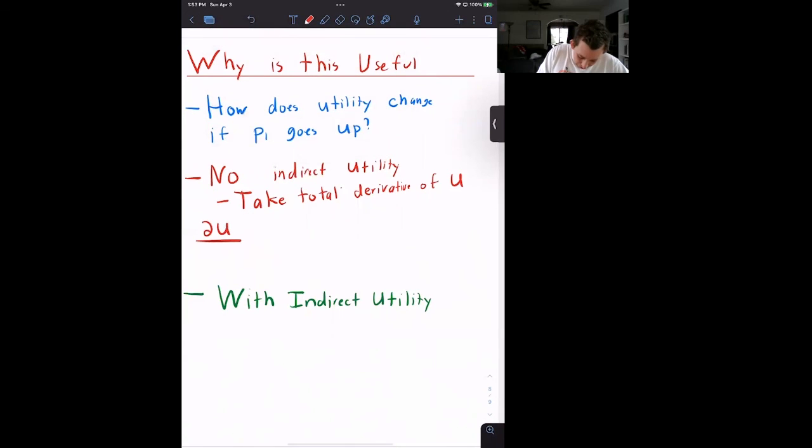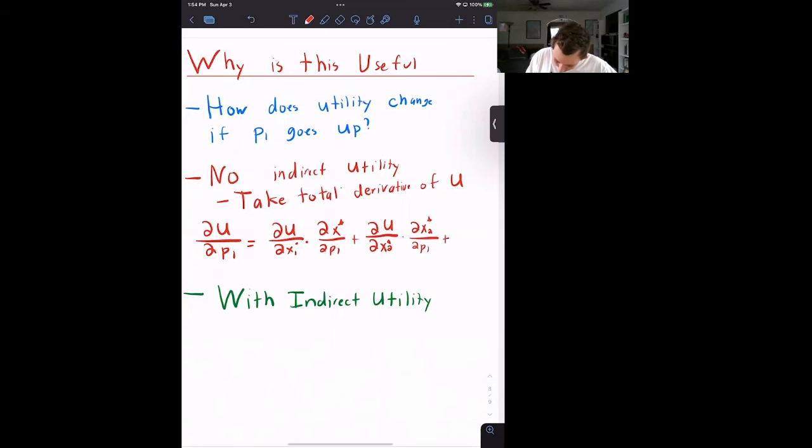You're saying, my utility with respect to P1: how does U change with respect to x1 times how does x1 star change with respect to P1? Well, you also have x2, your Marshallian demand for good 2, will change. So you've got to add how your utility changes with respect to x2 star, times how x2 star changes with respect to P1. And then you've got to think about how your utility function changes with respect to wealth, because your wealth changes when you change P1. So now this is a whole mess of a total derivative.